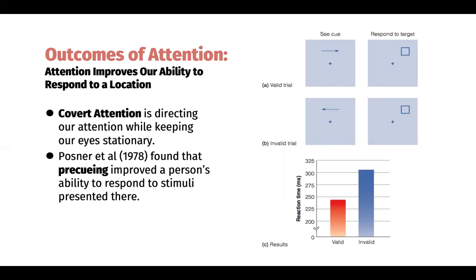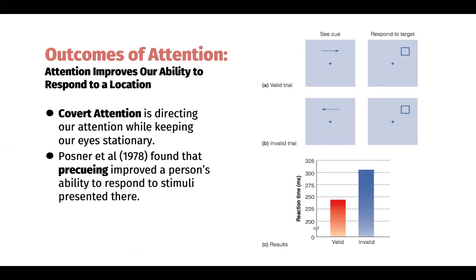We will now consider research on covert attention, which shows how shifting attention in the mind can affect how quickly we can respond to locations and objects, and how we perceive objects. Posner and his co-workers did an experiment in 1978.